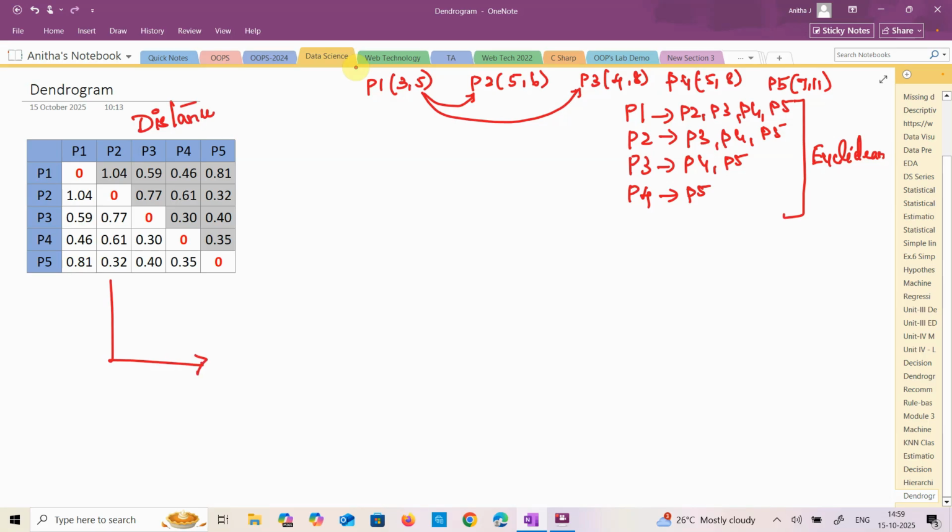So now we'll just follow this. We'll go with the minimum distance first. The minimum distance is 0.3, which merges the data points P3 and P4.